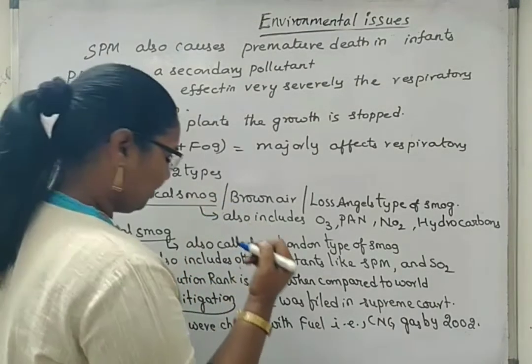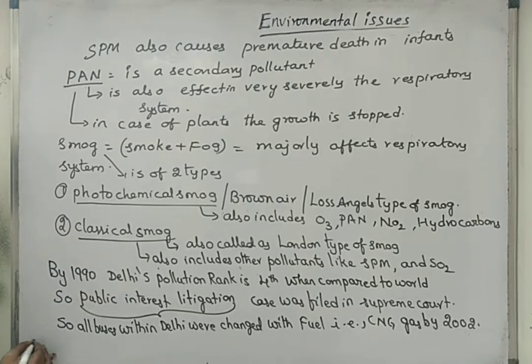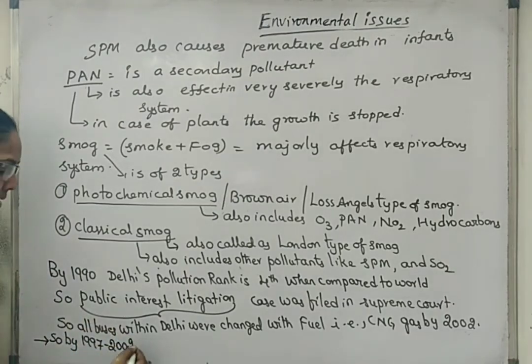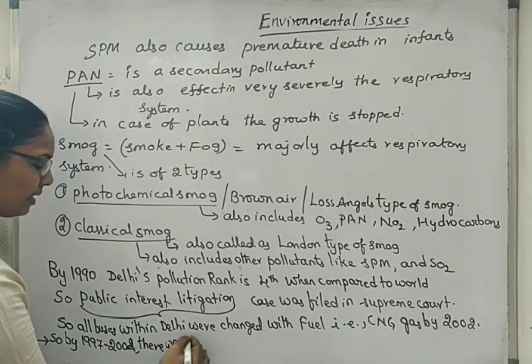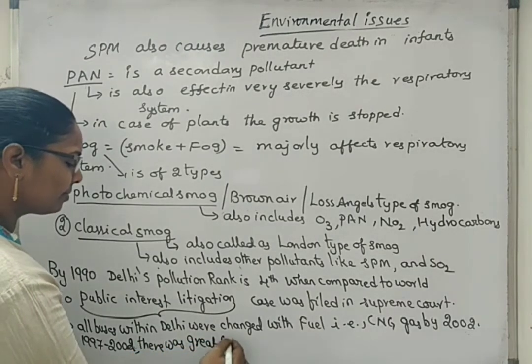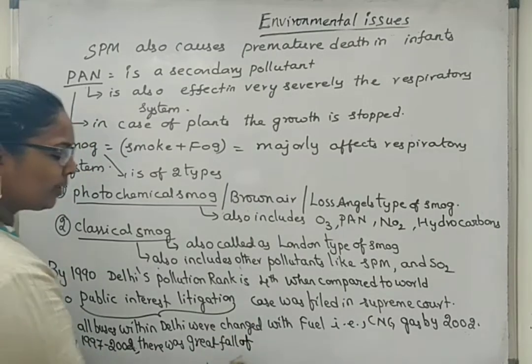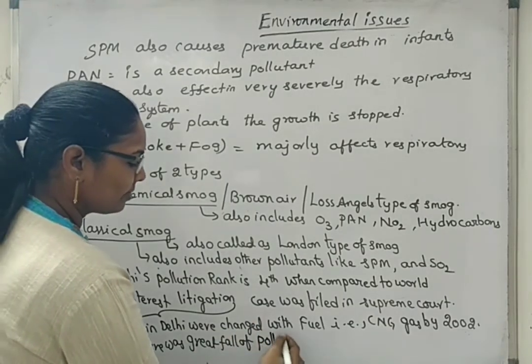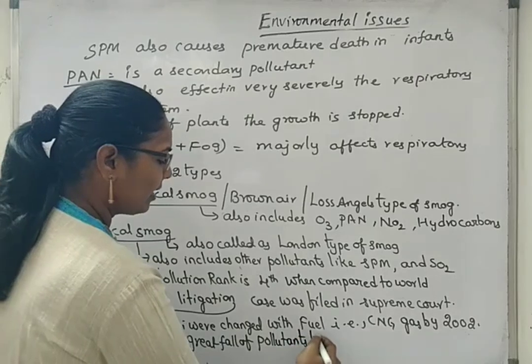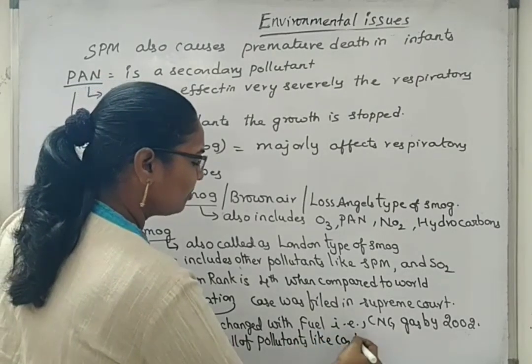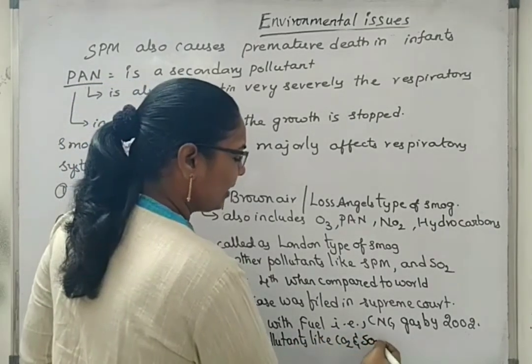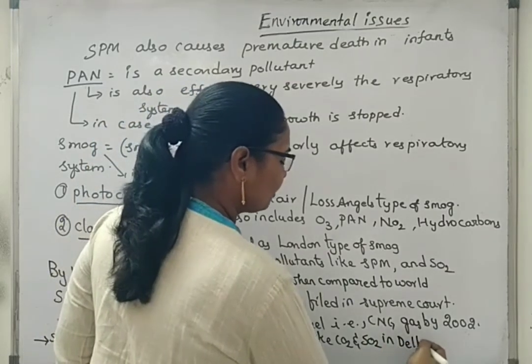So, by 1997 to 2002, there was a great fall of pollutants like CO2 and SO2 in Delhi.